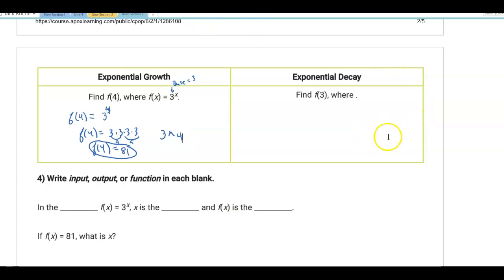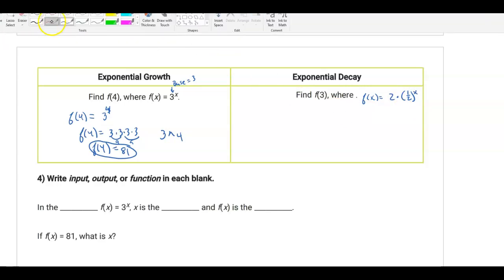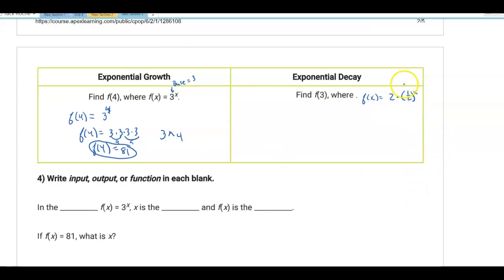Now f of 3, where it's exponential decay, and the function here is f of x equals 2 times 1/2 to the x power. If I told you this was exponential decay, the reason I know is your base b is a number between 0 and 1. Because it's less than 1, that tells me it's exponential decay. The amount you're starting with is 2.